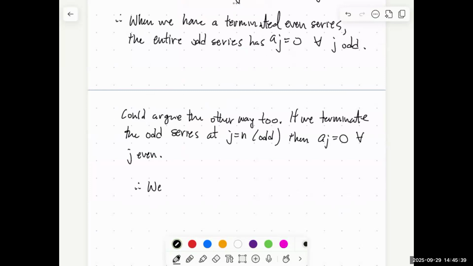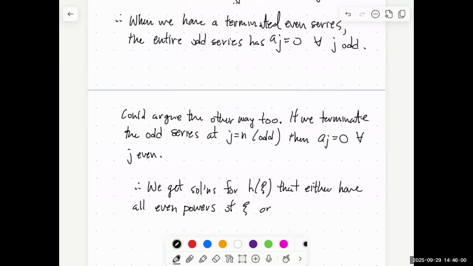So what we get are solutions for this h of z that have only even powers of z or only odd powers of z.